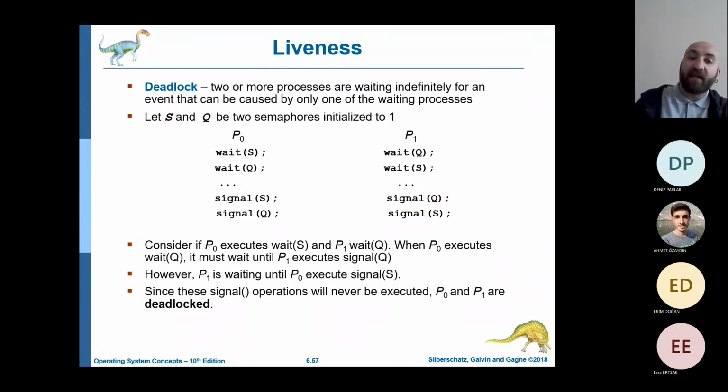Similarly, when P1 executes wait(S), it must wait until P0 executes signal(S). Since the signal operations cannot be executed, P0 and P1 are deadlocked. They cannot continue their progress. P0 is waiting for P1, P1 is waiting for P0. So this is an example of deadlock.